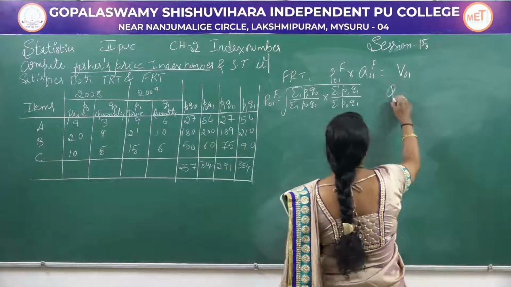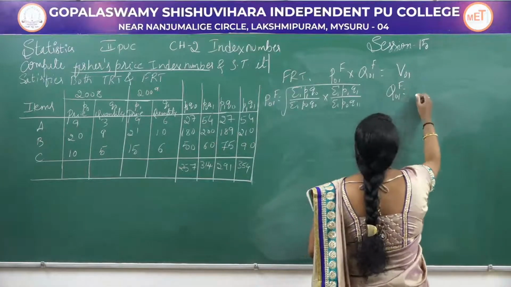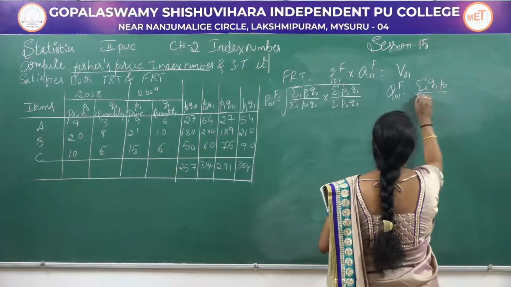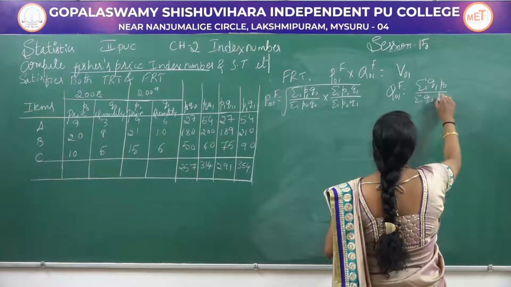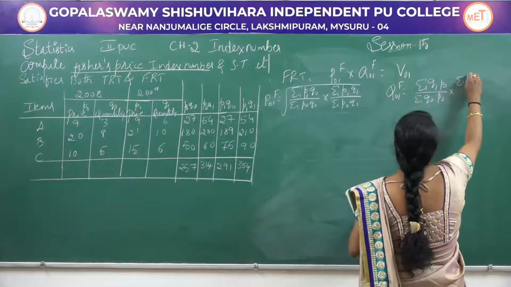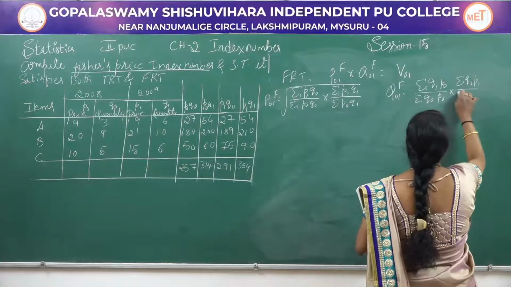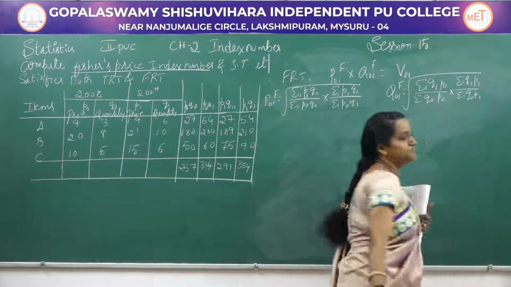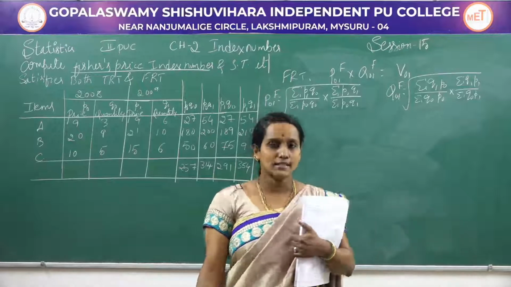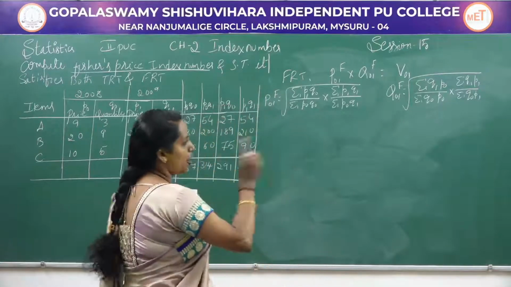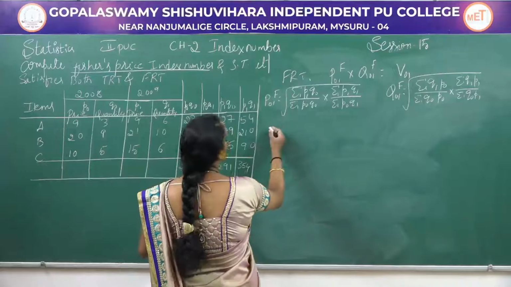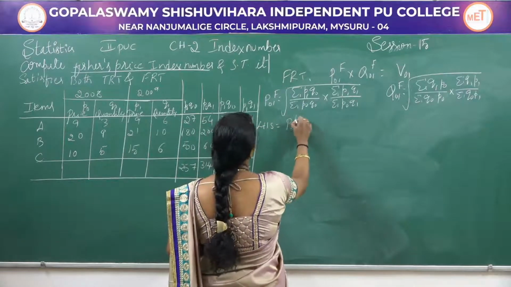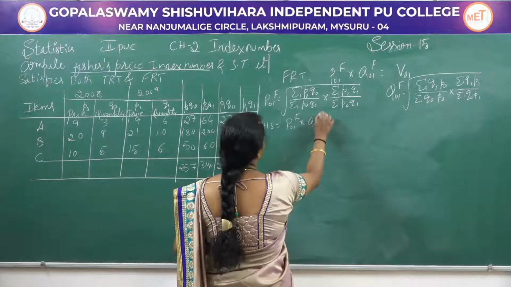Next write the formula for Q01 of Fisher's. This is summation of Q1 P0 by summation of Q0 P0 into summation of Q1 P1 by summation of Q0 P1, the square root. Okay. So next step is take the product of these two. That is, first I will take the LHS, that is P01 of Fisher's into Q01 of Fisher's.